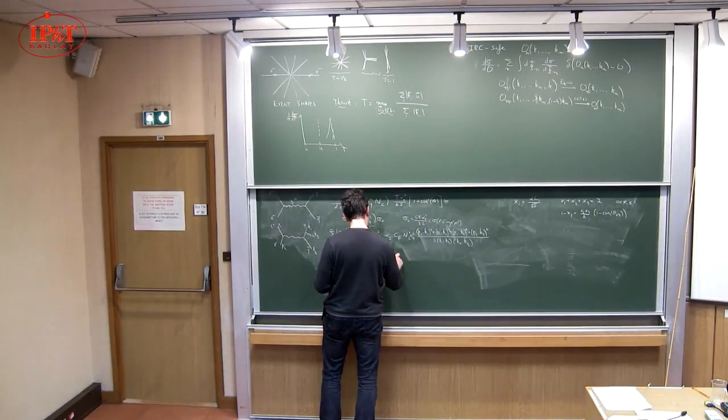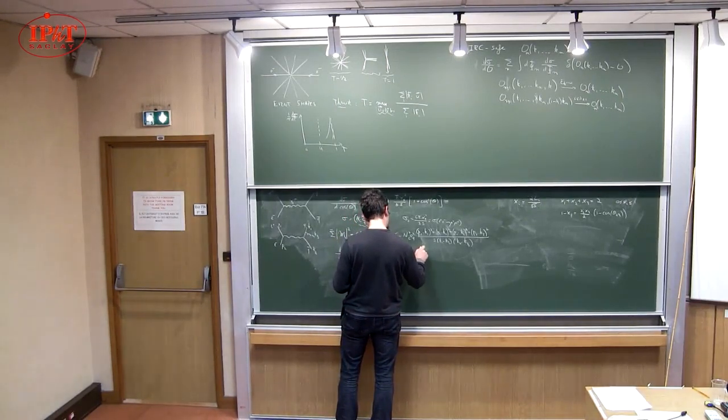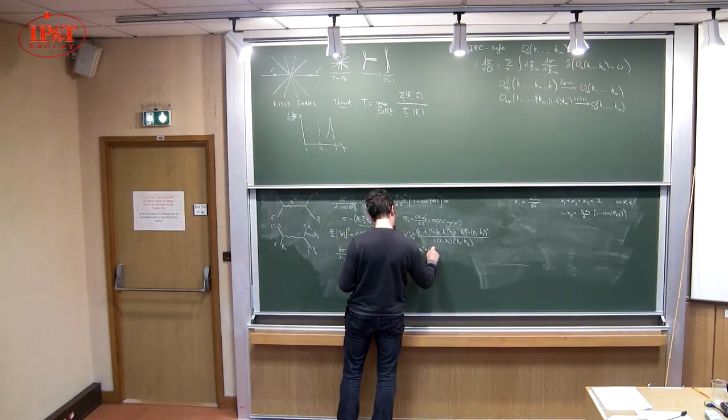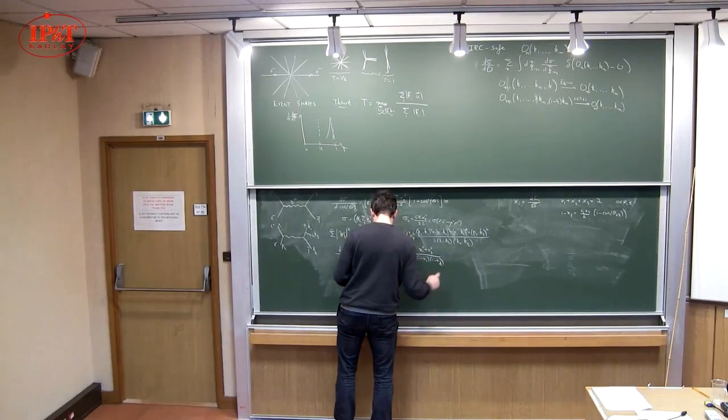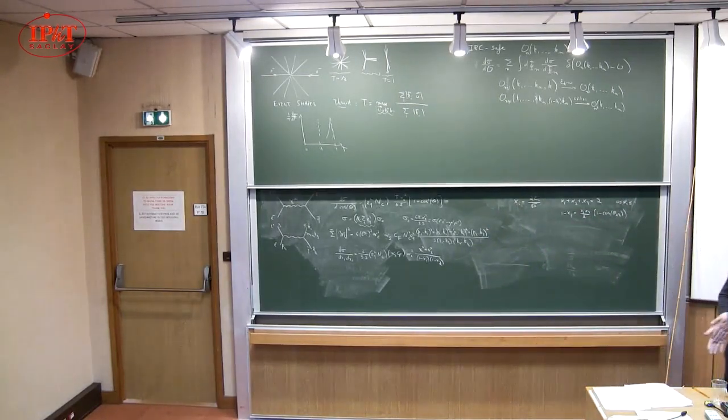Times alpha s CF times alpha electromagnetic squared times x1 squared plus x2 squared divided by 1 minus x1, 1 minus x2. So this is mostly boring or uninteresting, except if you start discussing physics with it.